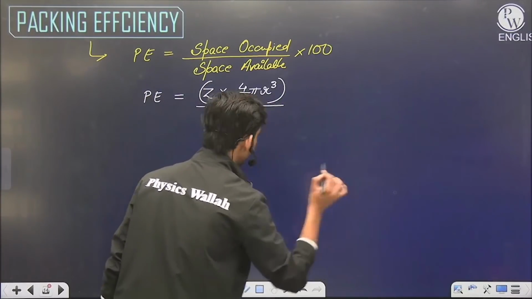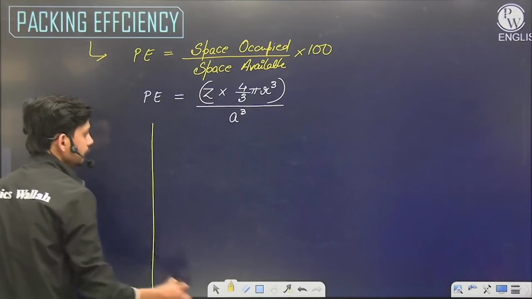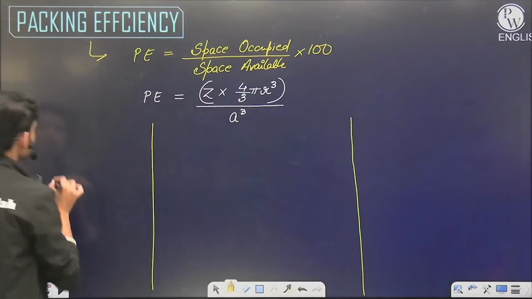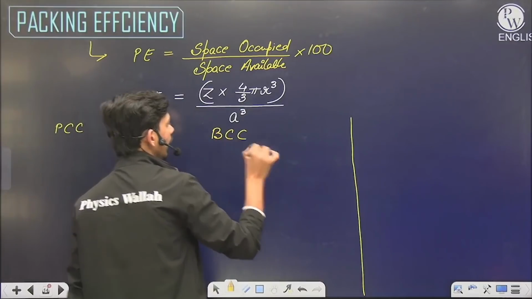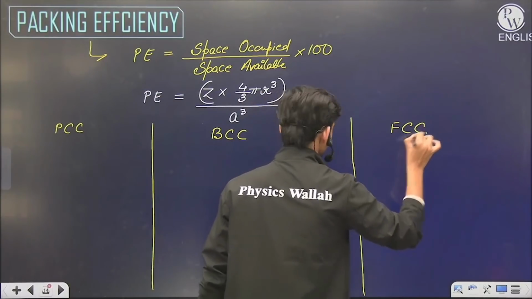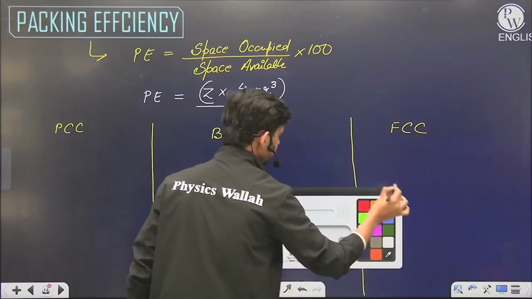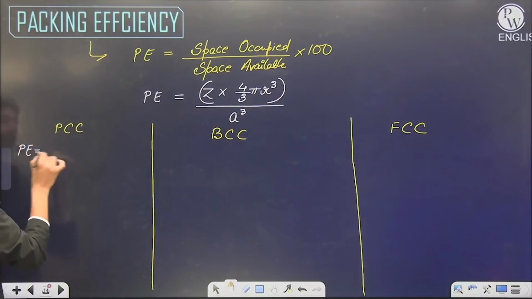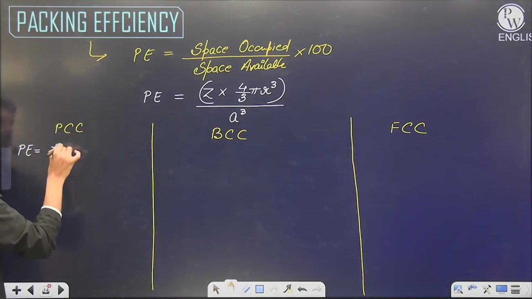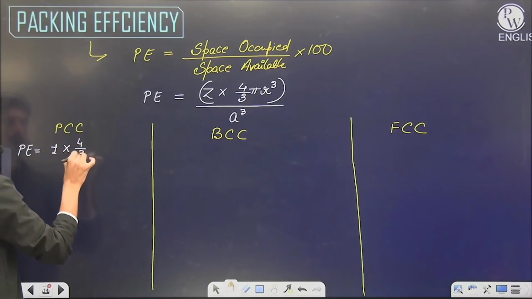Now we have already calculated all these three things. If I see in PCC, BCC and FCC. So for PCC, Z is 1, effective 1 atom, 4 by 3 pi.